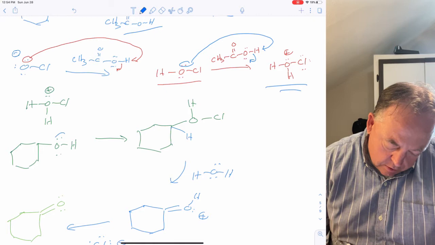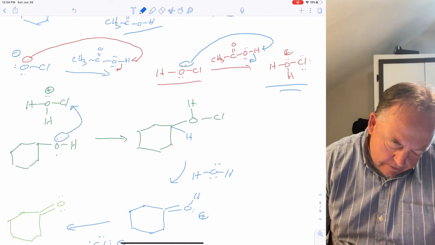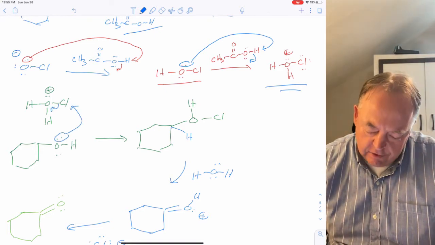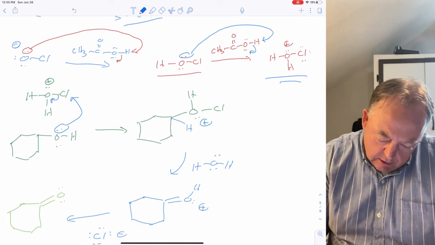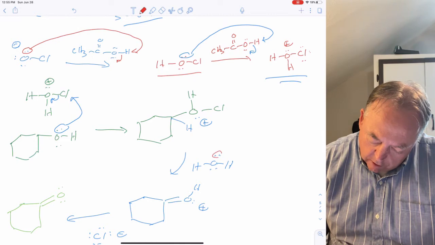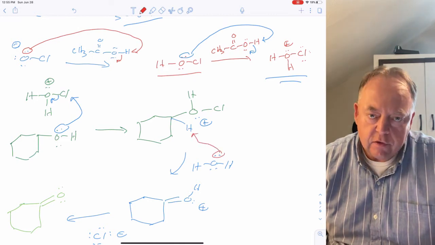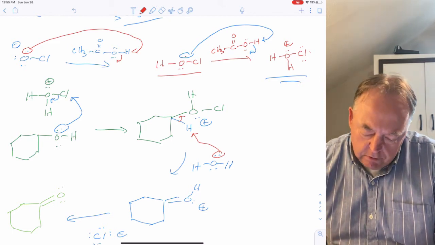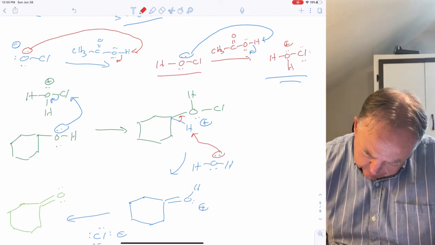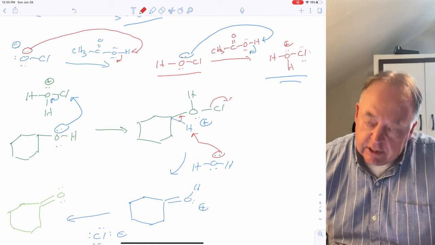So then your alcohol will react with the chlorine and kick off a water molecule. And then the water molecule can take off a hydrogen from the carbon, and the C-H electrons can become a C double bond O, and you lose Cl minus.